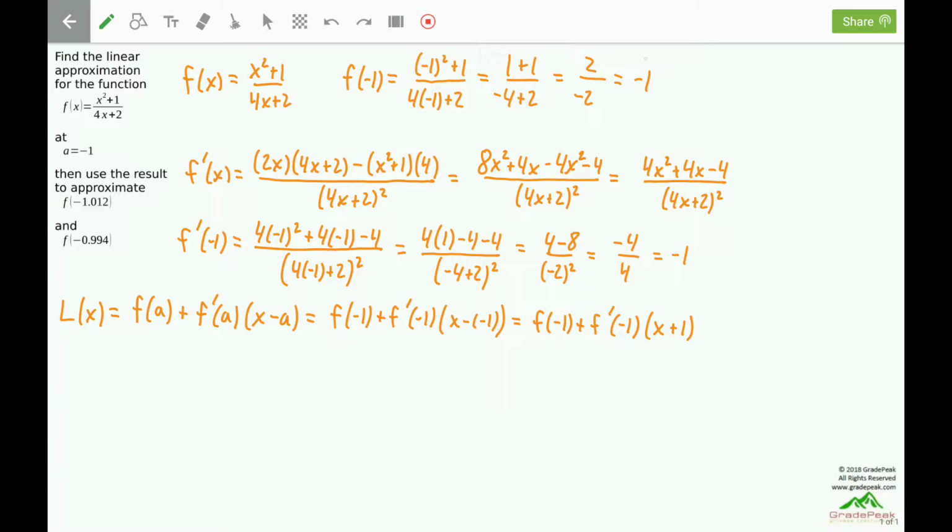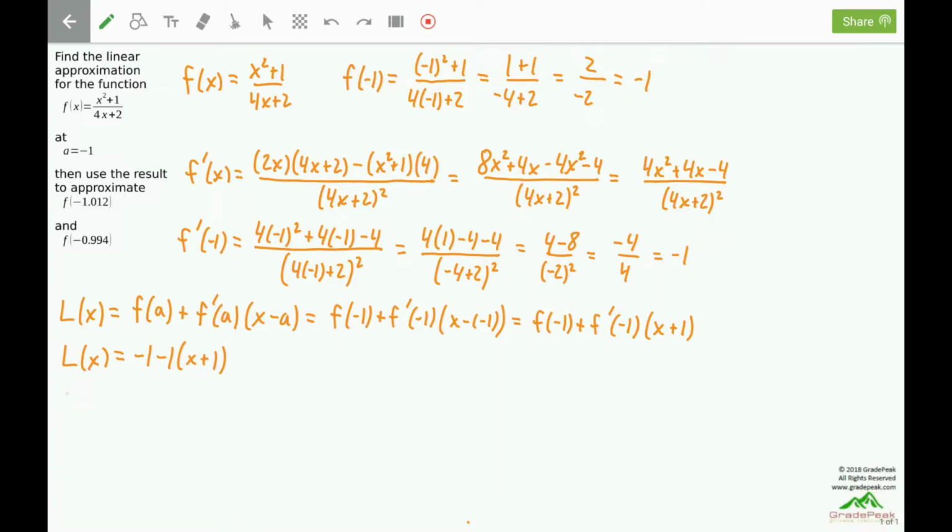We have values for f of negative 1 and f prime of negative 1. They're both negative 1. So those can now be put into place in the linear approximation, giving negative 1 plus a negative 1, which is the same thing as minus 1, times (x plus 1).